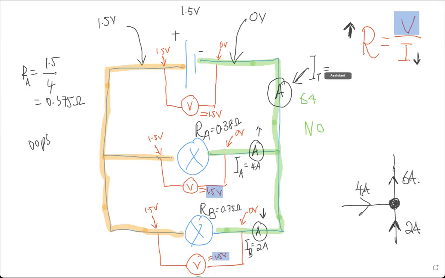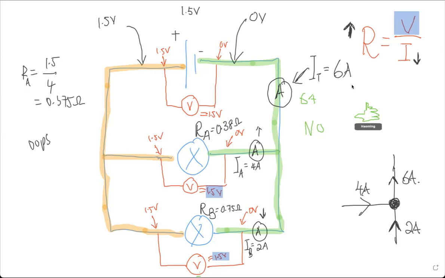So the total current will be 6 ampere because the 4 ampere and the 2 ampere come together to this point. Is that clear? Make sense? Understand?